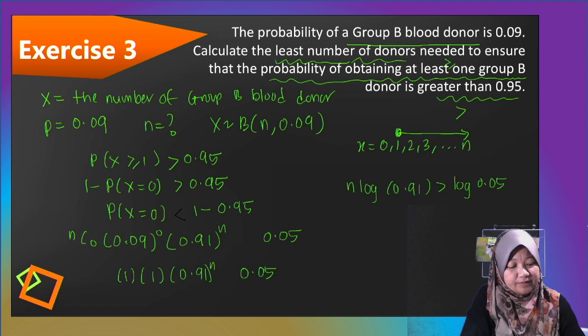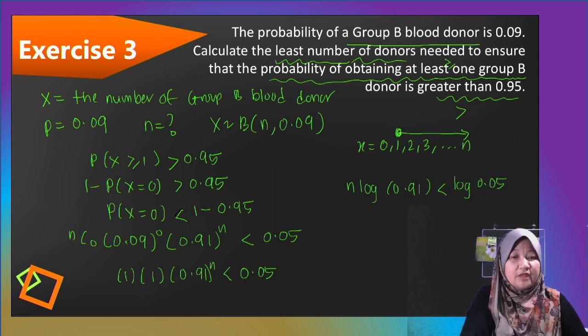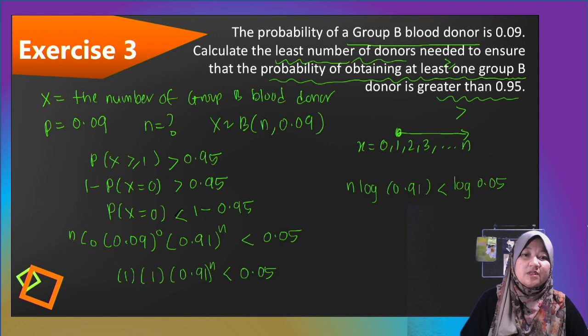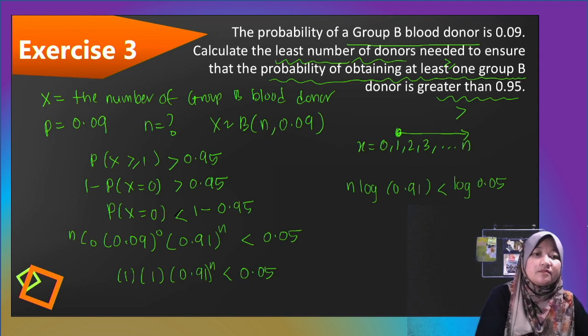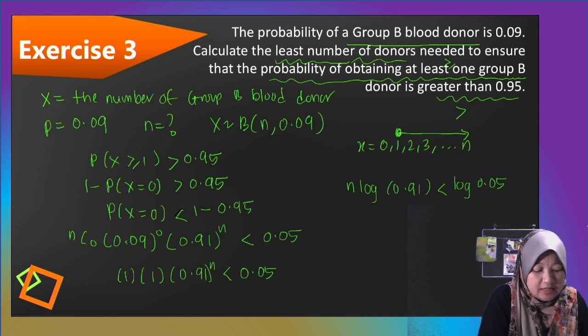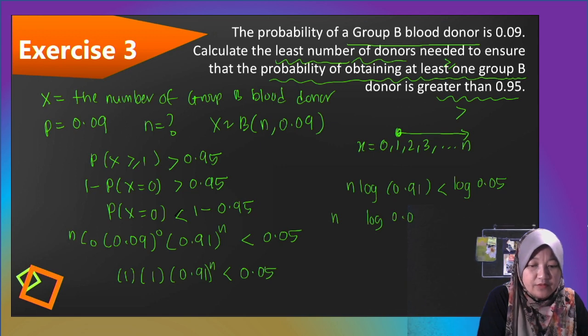This one less than, this one also less than. Okay, sorry, saya tersilap sikit. Jadi N adalah log 0.05 bahagi dengan log 0.91.